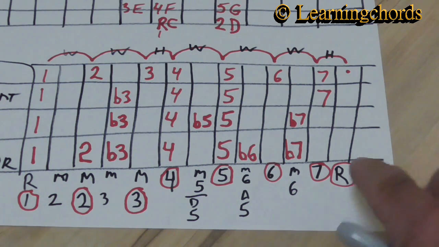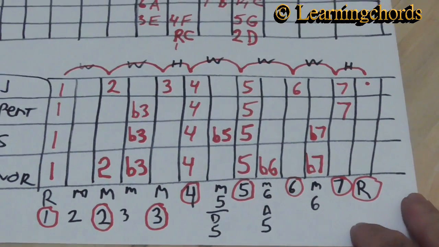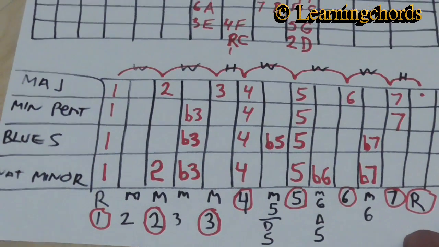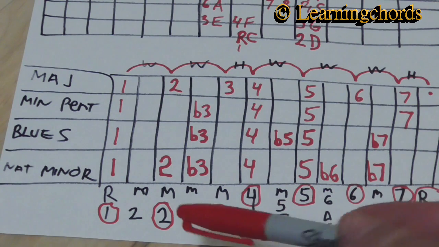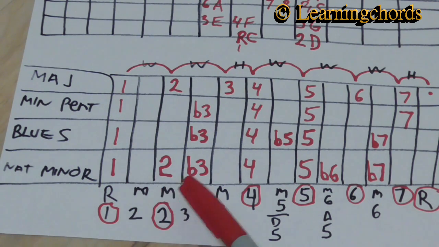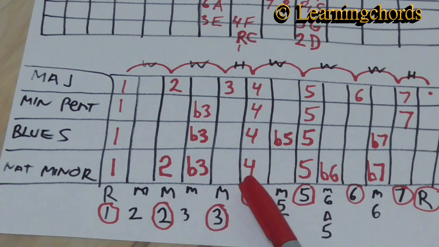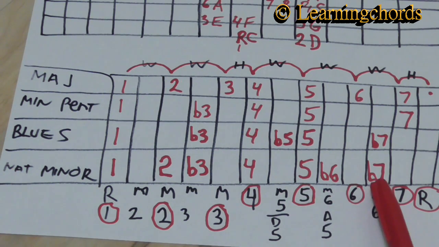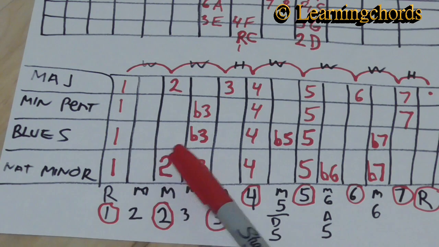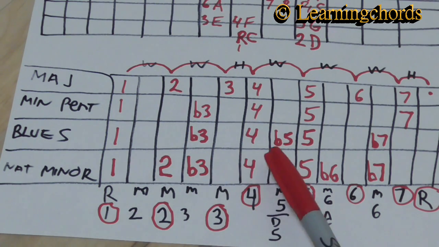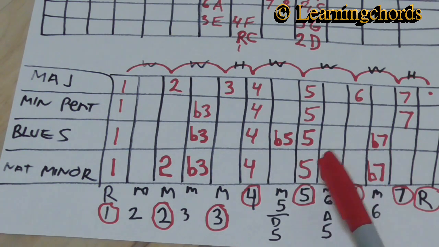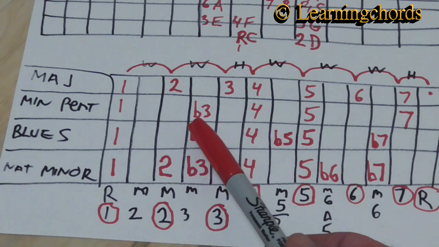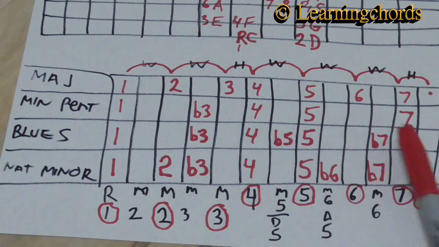Now, these are the patterns that you'll see when you look at things that talk about scales. For natural minor, it will say 1, 2, flat third, fourth, fifth, flat 6, flat 7. For the blues, 1, flat third, fourth, flat fifth, fifth, flat 7th. Minor pentatonic is 1, flat third, 4, 5, and 7.